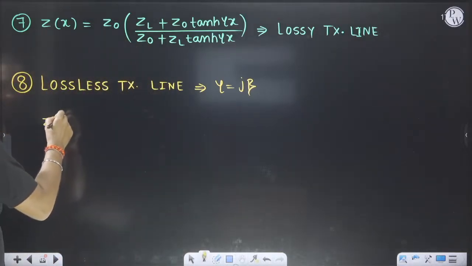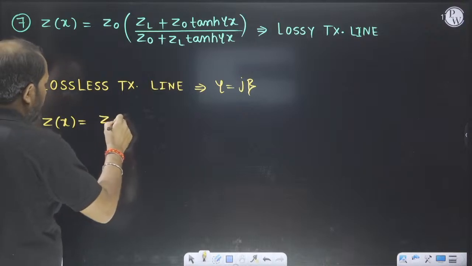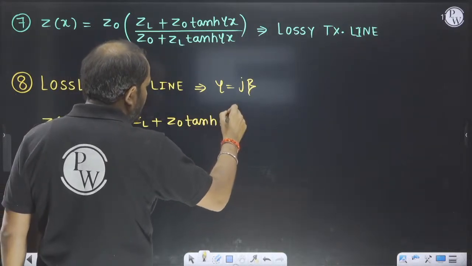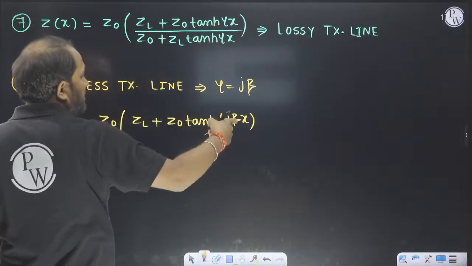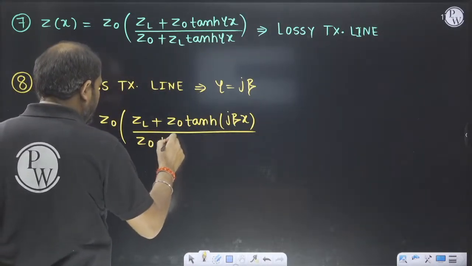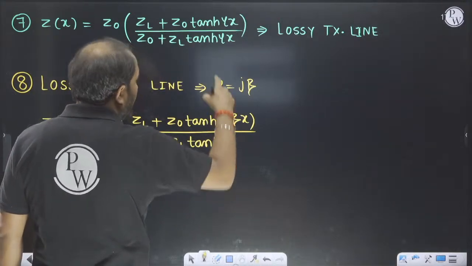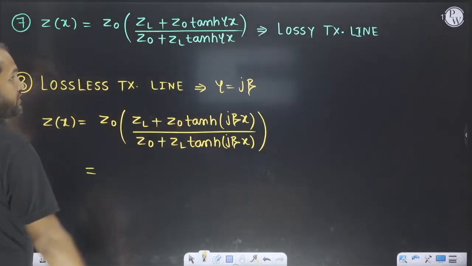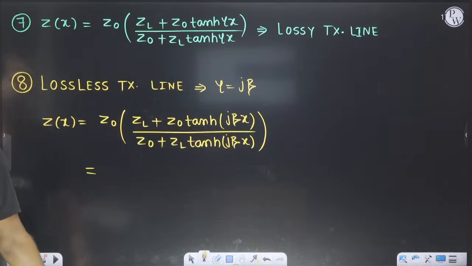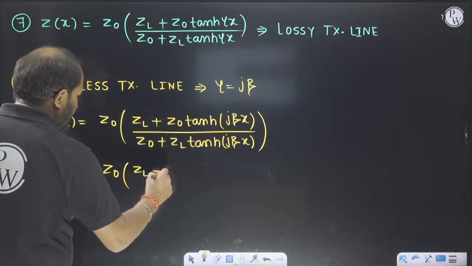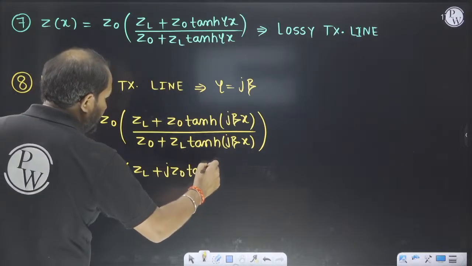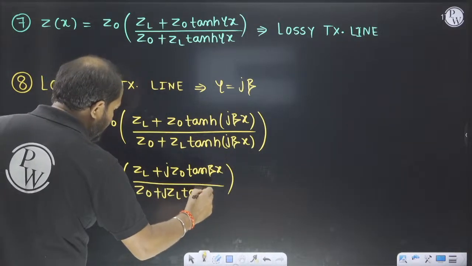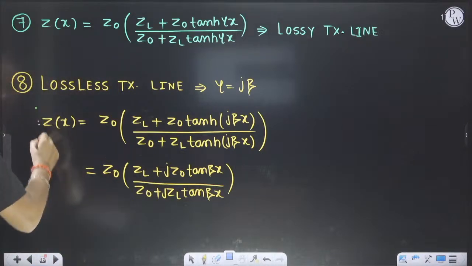So our Zx will be equal to Z0 (ZL + Z0 tanh(jβx)) divided by (Z0 + ZL tanh(jβx)), where gamma is replaced by jβ. Since tanh(jθ) is j tan θ, Zx = Z0 (ZL + j Z0 tan βx) divided by (Z0 + j ZL tan βx).